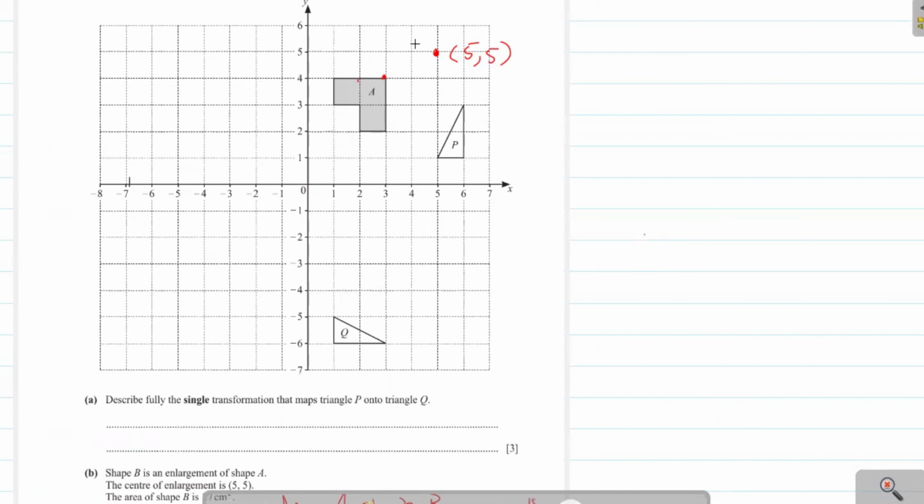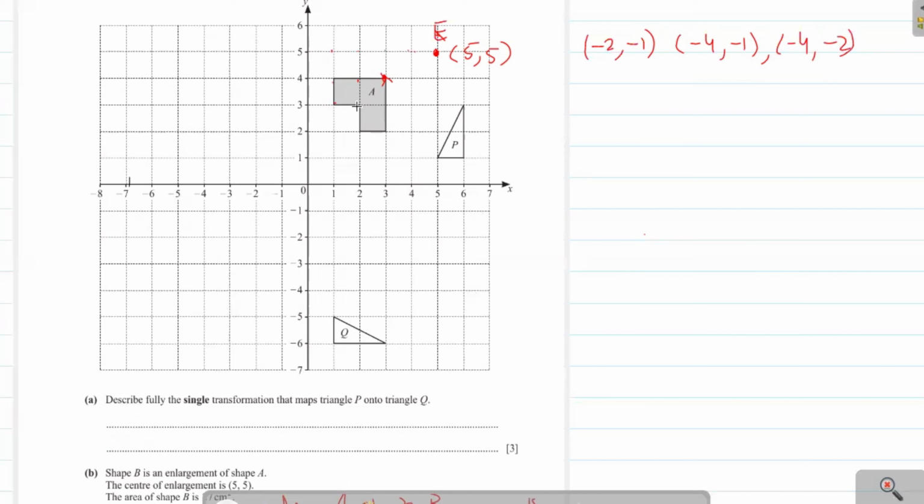According to the center of enlargement, you see here this point's position from the center of enlargement is (1, -1), then (-2, -1). Next point is (-4, -1), and the third point position is (-4, -2).